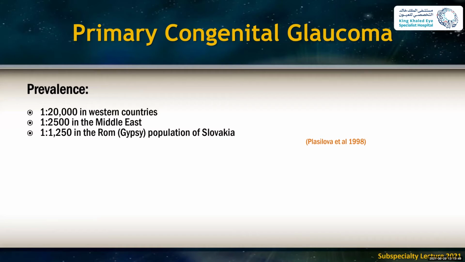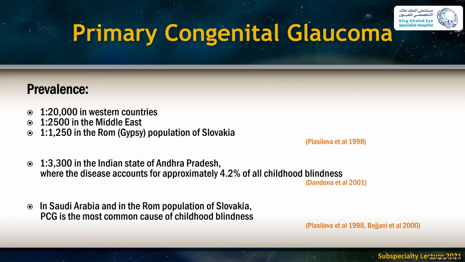But when you look at the literature, it is very rare in Western countries, 1 in 10 to 20,000 live births, and in our community in the Middle East it is estimated to be 1 in 2,500. We are almost coming behind the Roma population of Slovakia, where the disease has the highest prevalence in the world. And congenital glaucoma is reported to be the most common cause of childhood blindness and visual impairment in our country, unfortunately.